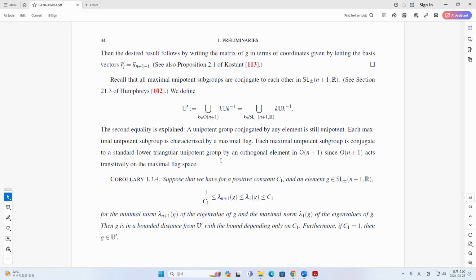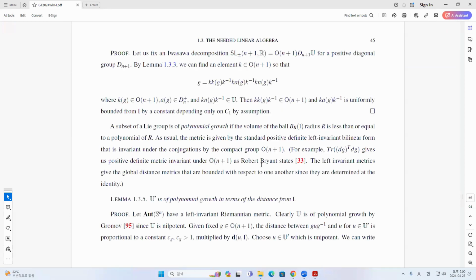The next corollary we might need is that if the eigenvalues satisfy these conditions, so the largest and the smallest one are in some compact interval defined by C, then this G is always within uniform bounded distance from U prime in the Lie group sense.